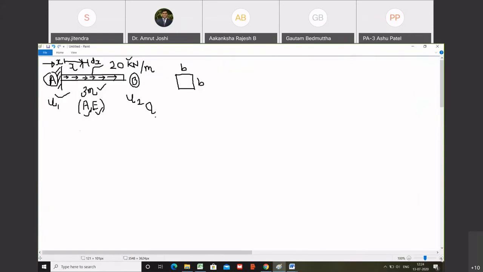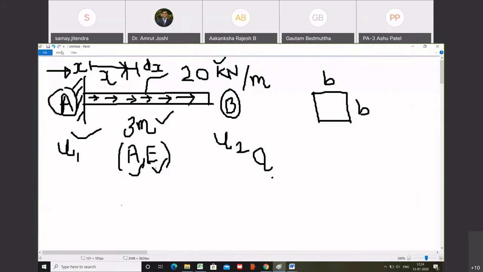Okay, are you able to see this now? Okay, so let me write down. So u of x now I'm going to write down as a quadratic function: a x square plus bx plus c.